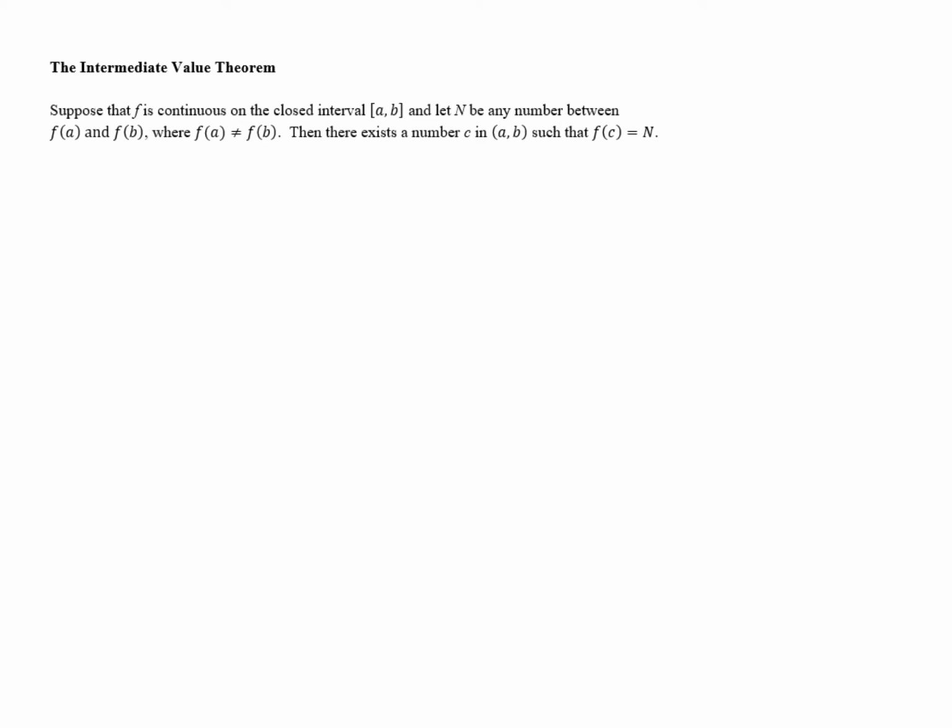If all of that is true, then there exists a number c between a and b such that f of c equals capital N. Now, this is a type of theorem called an existence theorem, right? It says there exists a number c. It tells us that there must exist a number, but it doesn't actually tell us how to find the number.